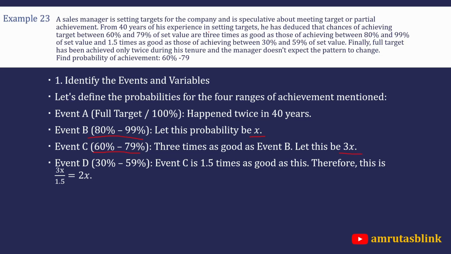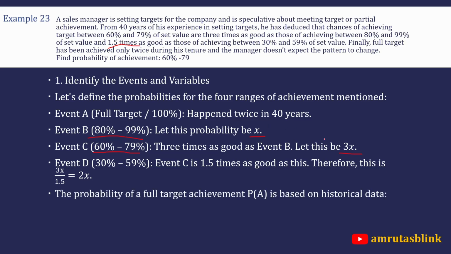Now it's also given that it is 1.5 times as good as achieving between 30 to 59%. So for event C, if it is 3x, then event C is 1.5 times of D. Hence probability for event D is 3x upon 1.5, that is 2x. So we have probability of events B, C and D.